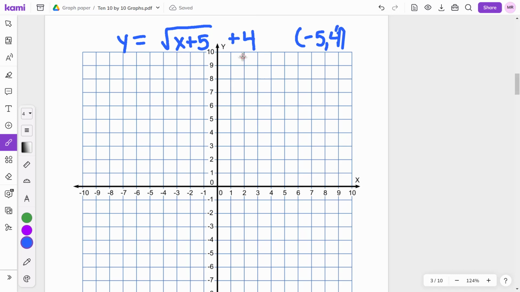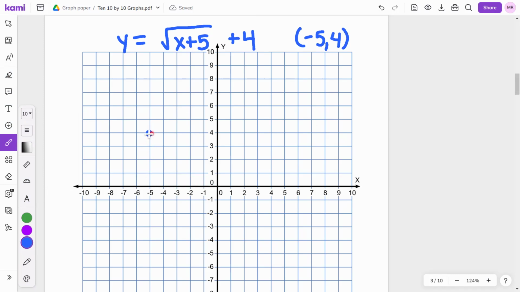So I am going to be starting at negative 5, comma, 4. Okay, so let me start there. I'm going to go to negative 5, comma, 4. That's going to be my first point.